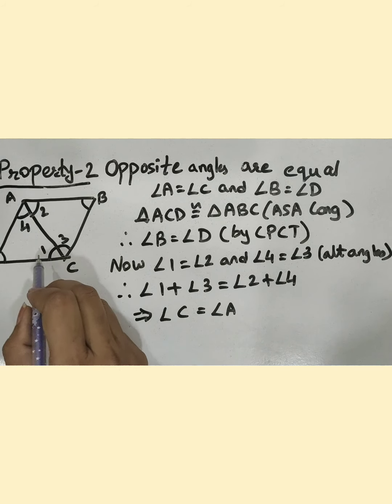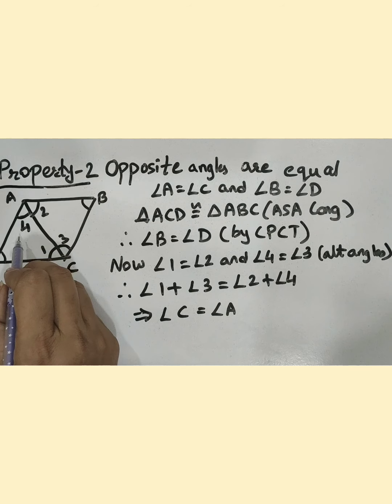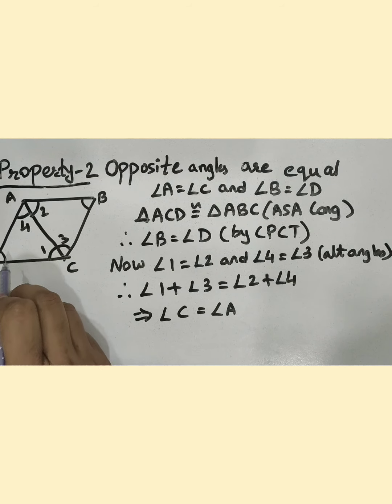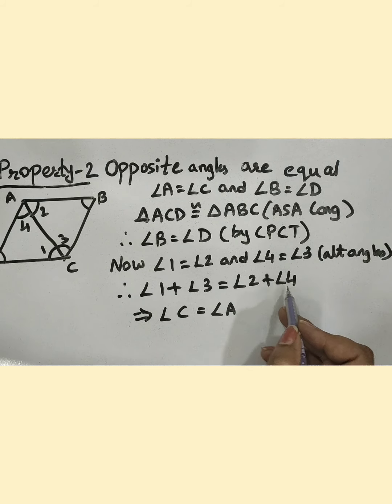So I can say that angle 1 plus angle 3 is equal to angle 2 plus angle 4, which shows that angle 1 plus angle 3 is angle C, angle 2 plus angle 4 is angle A. So I can say that angle C is equal to angle A, which shows that the opposite angles are equal.